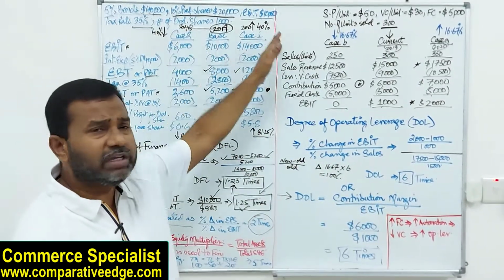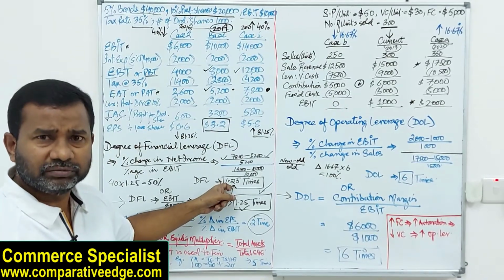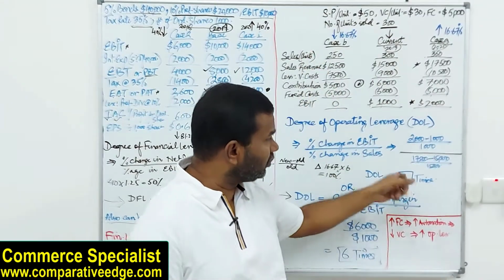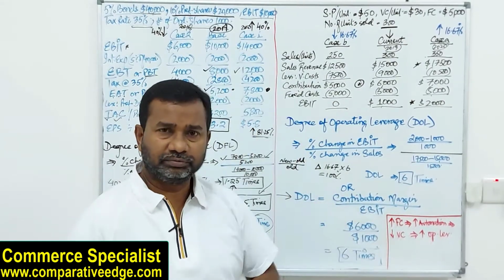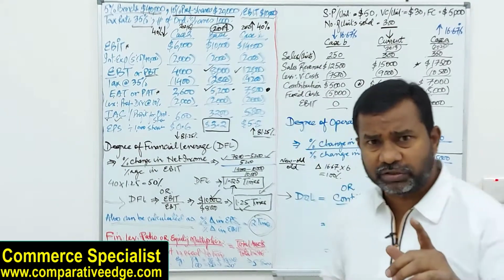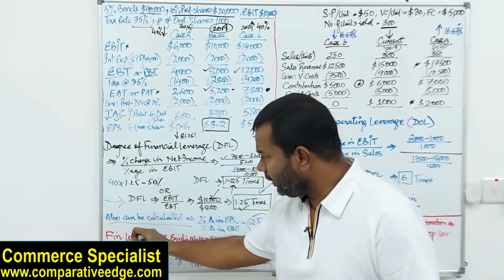A slight increase in EBIT will give you this much increase in profit before tax. When we talk about operating leverage, a slight increase in sales will give you this much increase or decrease in your EBIT.